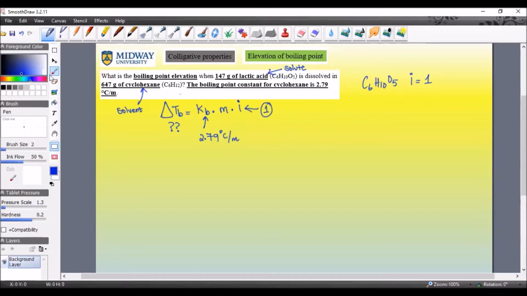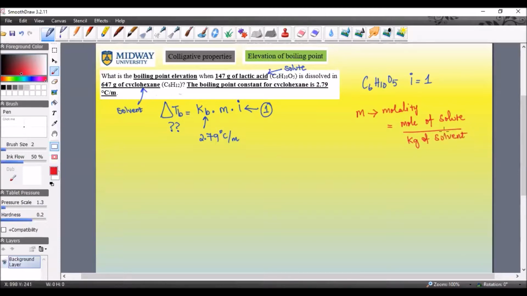I'm going to switch colors here so you can see my calculation for m. m is molality. If you still don't remember from 170, it's moles of solute over kilogram of solvent.